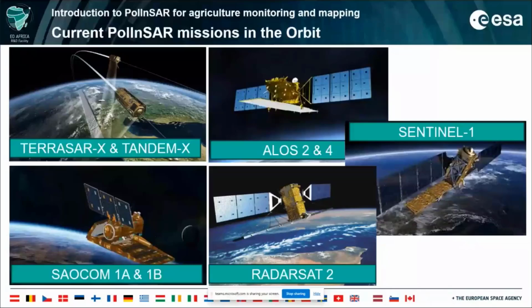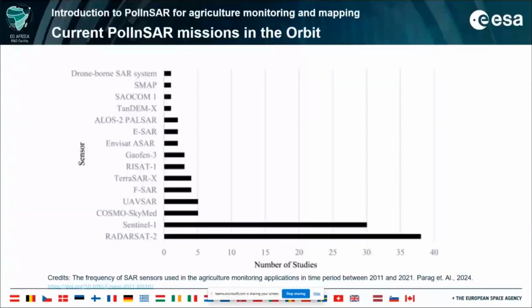And talking about their use in studies on agriculture, several studies used multiple sensors within a single publication, as was reviewed in the review that I provide a link to here on this slide.